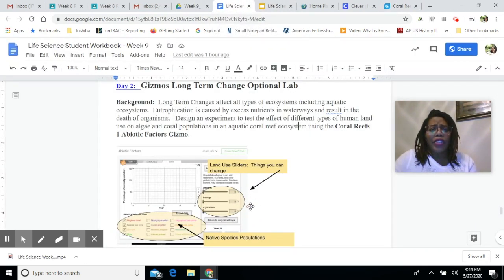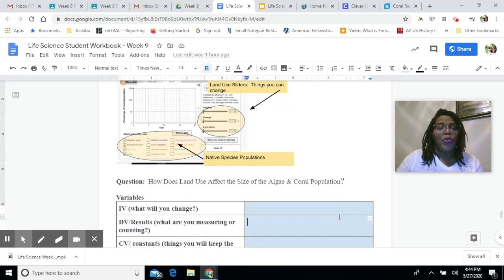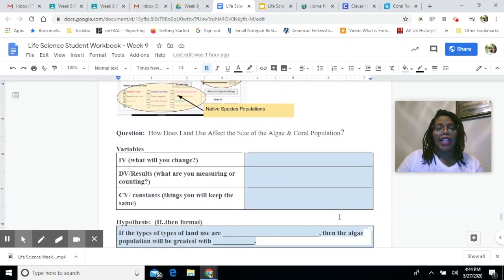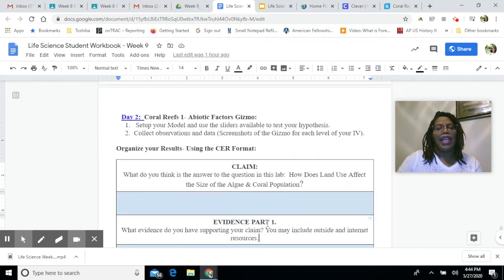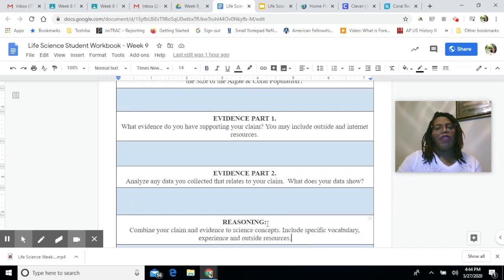What I'm asking you to do is to use the sliders for logging, sewage, and agriculture and design an experiment where you can test the effect of those 3 types of land use on the size of the population of algae and coral. So which one do you think will have the greatest effect? You need to identify your variables, write a hypothesis, and then complete the CER format: your claim, evidence, and reasoning.